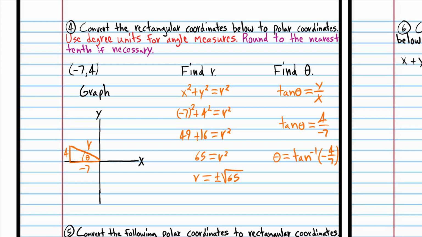Then you're going to push the blue second button, and then the tan button, and then the negative symbol at the bottom right with the parentheses around it, and then 4 divided by 7, and then right parenthesis. And so we get approximately negative 29 point, and it says round to the nearest tenth, so negative 29.7 degrees.